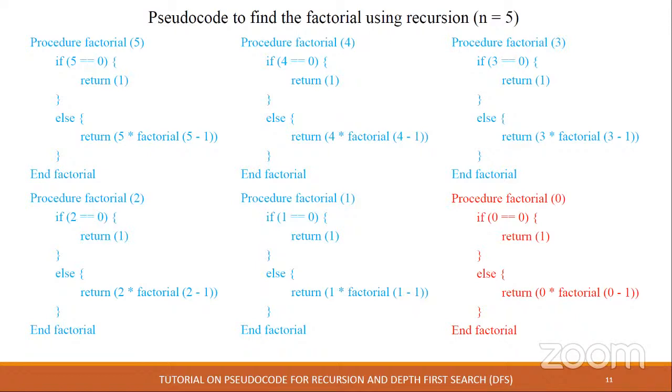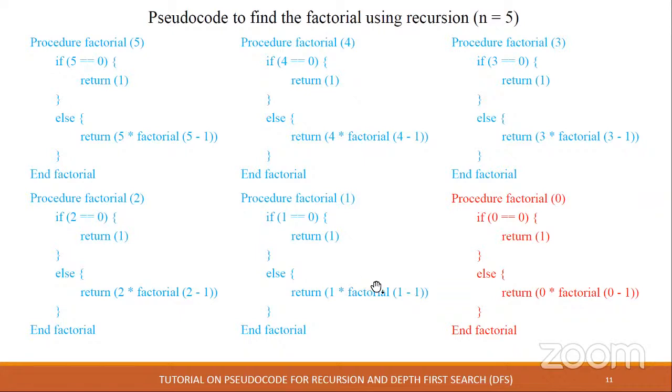But in this case, we are not talking about original code, because who initiated this particular red color procedure? This line over here, this factorial of 1 minus 1. Because of this particular line, this entire red colored procedure started its execution. And because of that, when we say return 1, this 1 should be returned back over here.